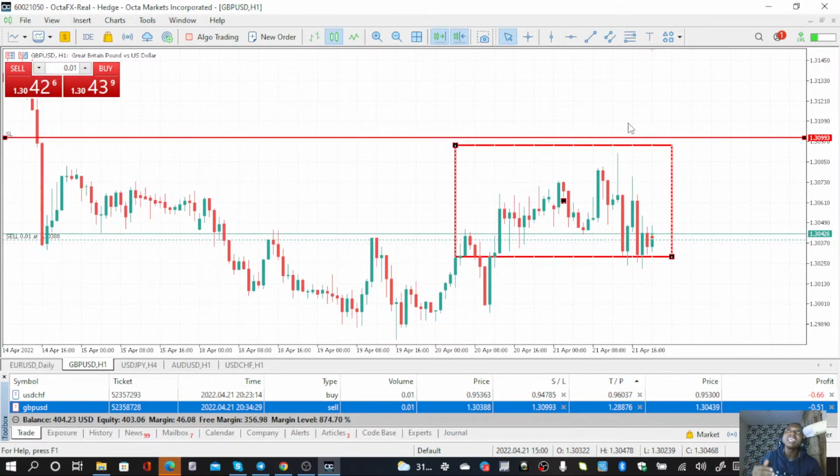So when there is a news, my personal recommendation is to stay out of the market. After the news has been released and you are able to understand what is going on, then you can position and take a trade.